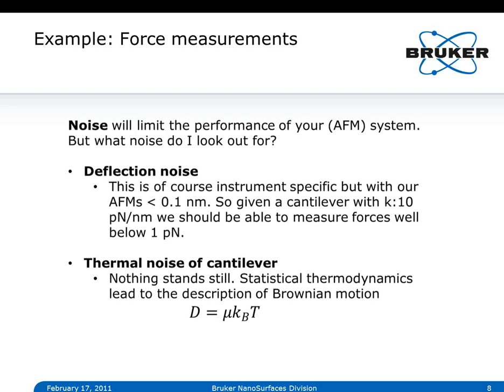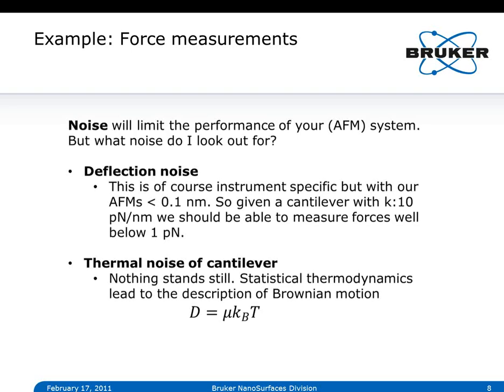Where does that come from? It basically comes from the fact that nothing stands still, so to speak. Statistical thermodynamics led to the description of Brownian motion, and Einstein formalized that in 1905. That basically means that diffusion is proportional to a constant times the absolute temperature.